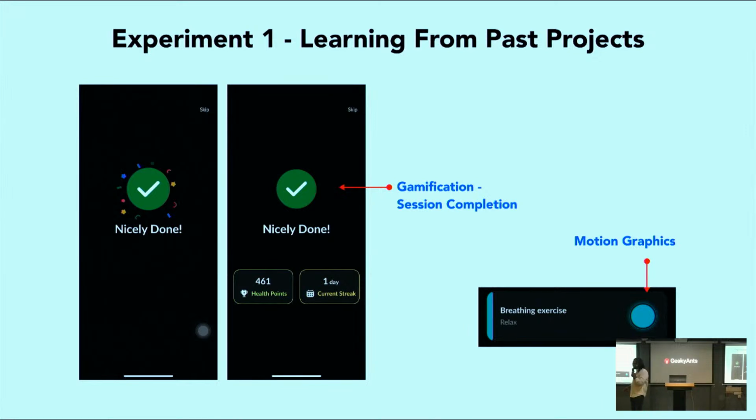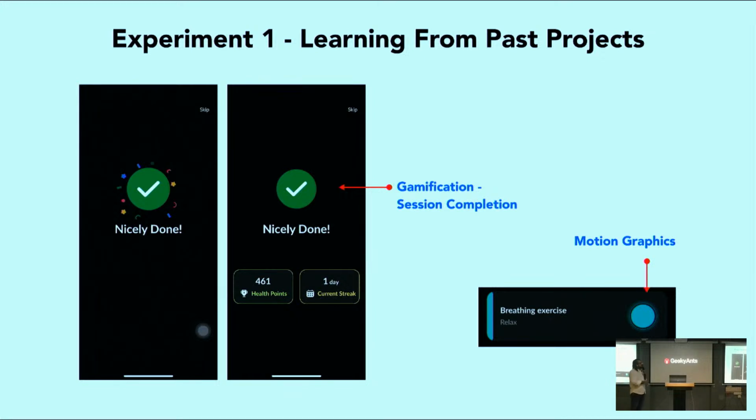For example, we tried some gamification when the user completes a mindfulness content session, and we showed this gamification nicely done. We also gave some app currency like health points, and we added some motion graphics in the previous experiment. That was found very successful, and it increased the engagement.